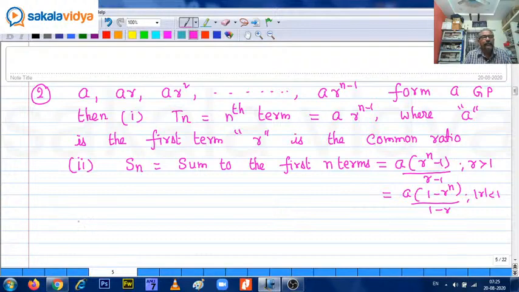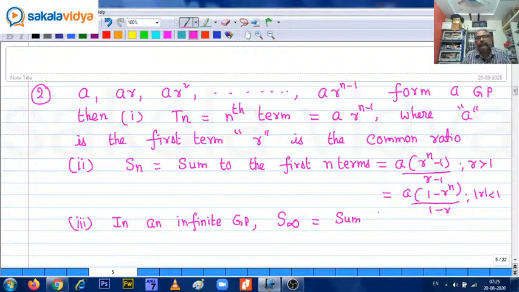So next, third point, in an infinite GP, geometric progression, S infinity is sum to infinity terms.